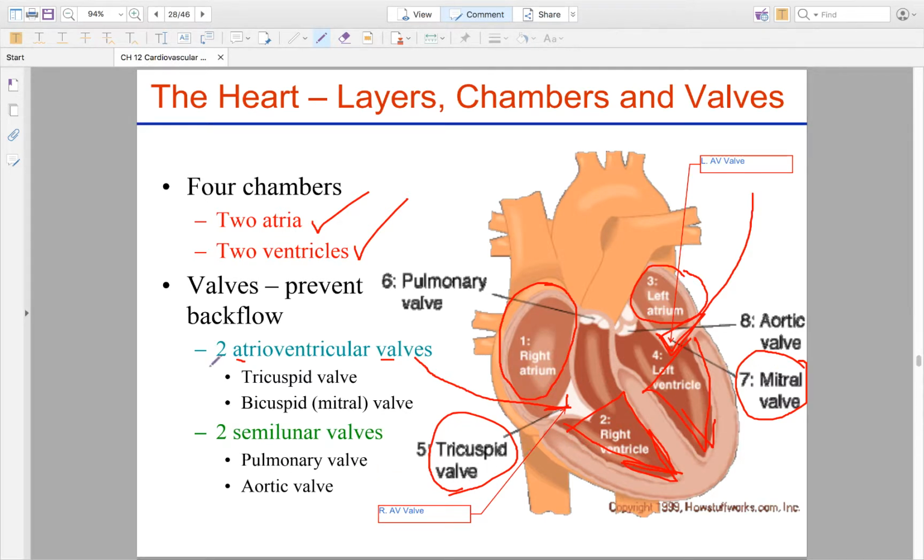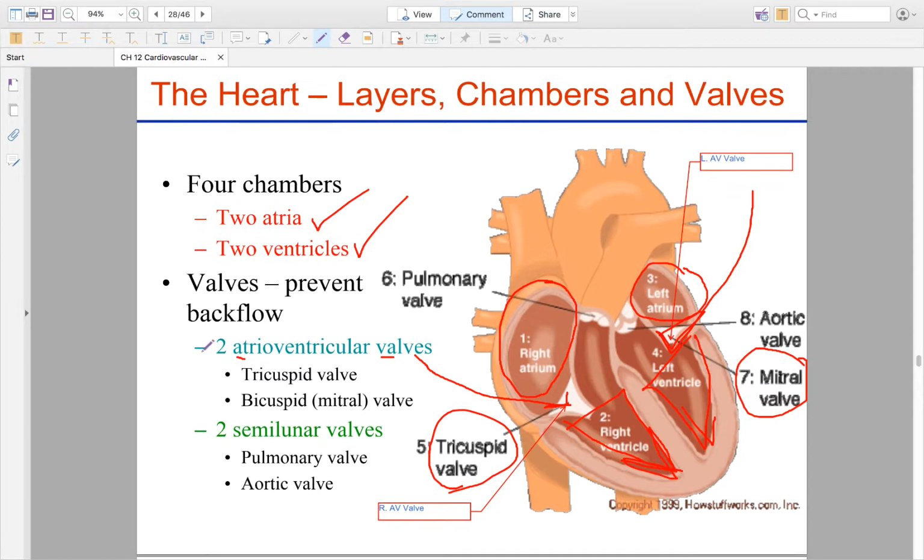So we have two AV valves, and then we have two semilunar valves. Let's start with the first one. See this little structure that I'm circling?